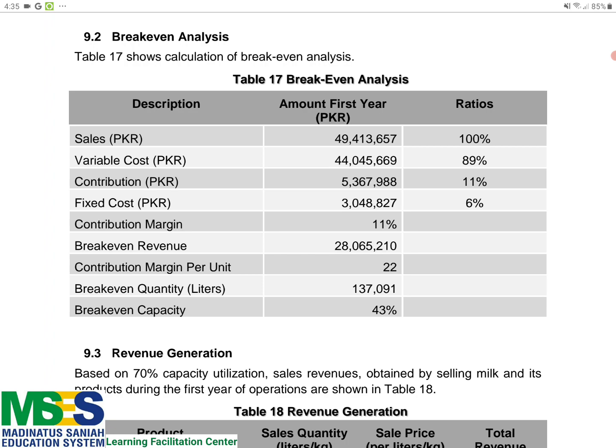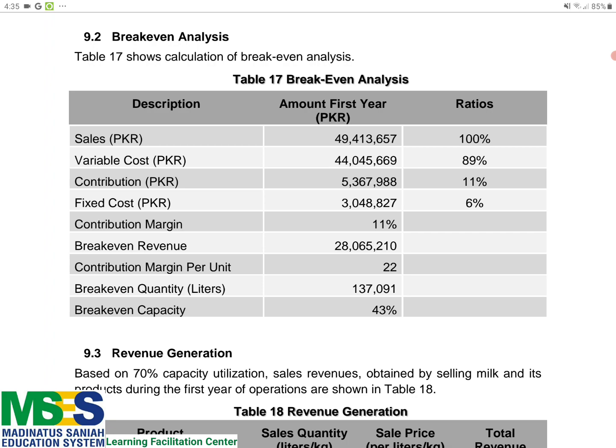After 5 months, you would have covered all your costs, and from the next month on, you would be incurring profits. And this is very lucrative. A business which gives you back all your basic costs after selling 137,000 units. Although not the total fixed cost would be recovered, you would start earning profits after selling this much milk.